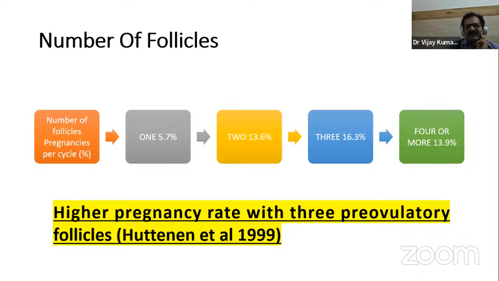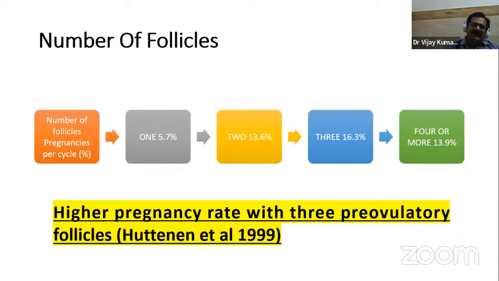If it is 3, it will be 16%, and if it is 4, it will be 14%. As you can see in this slide, the success rate would be appropriate if the follicles are about 2 to 3 rather than 1 or 4. As I said, with one follicle, the success rate will be very less.